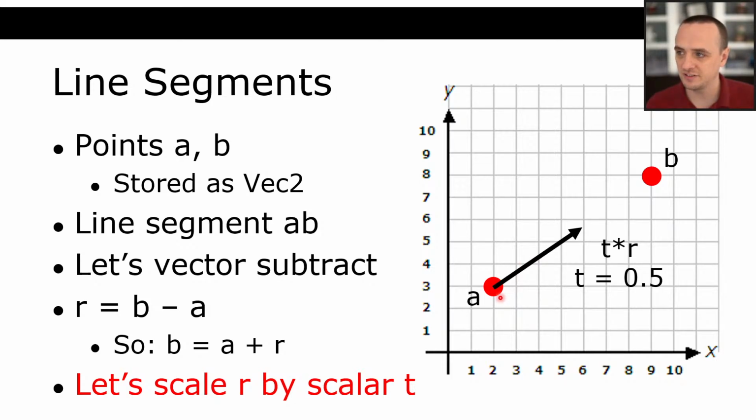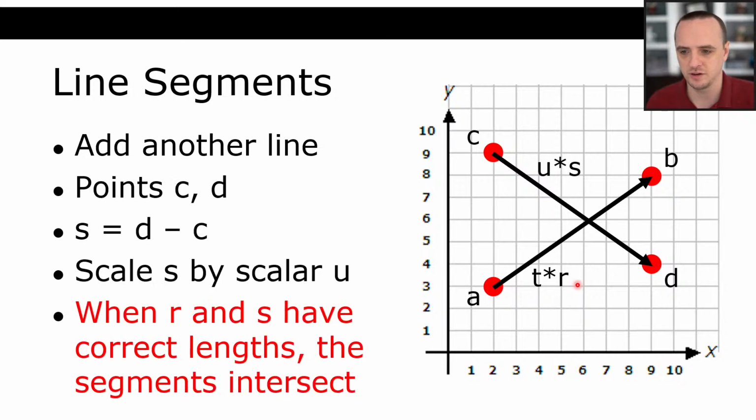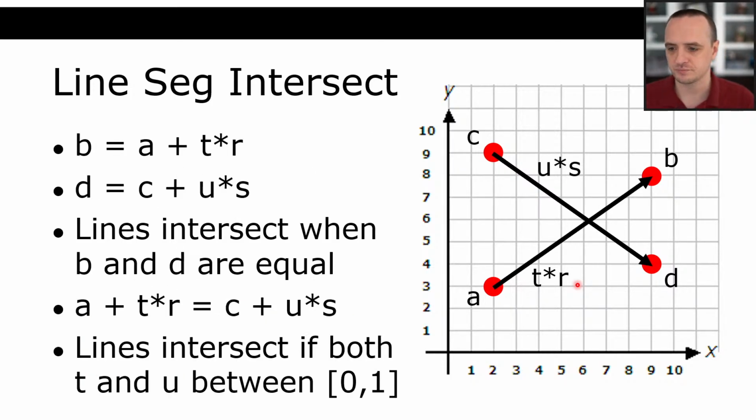And if it's less than 0, then we actually have a vector pointing in the opposite direction, which is outside of A. So in order for there to be a line segment intersection, it has to be between this A and B, meaning that T and U both have to be between 0 and 1. Otherwise, the intersection would occur outside of the line segment, which makes absolutely no sense. So that's what that says. So the lines intersect if both T and U are between 0 and 1.